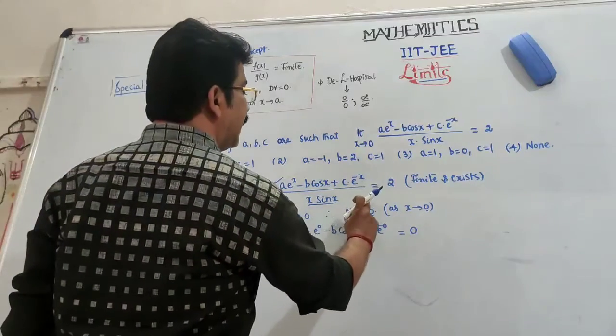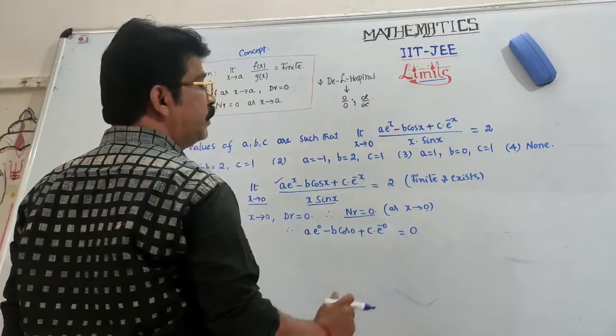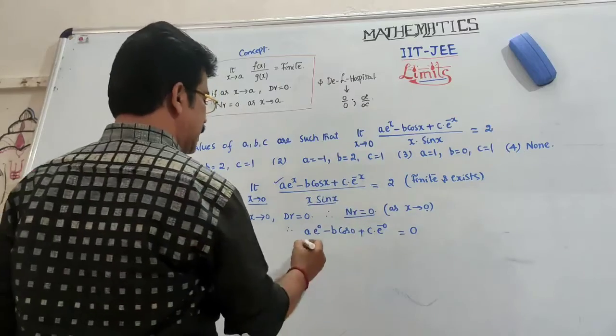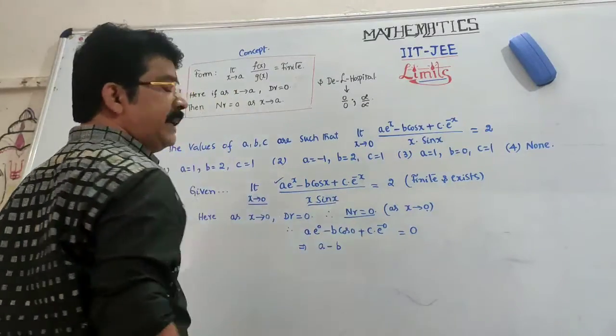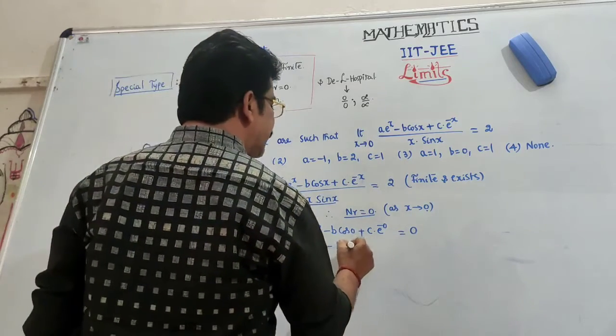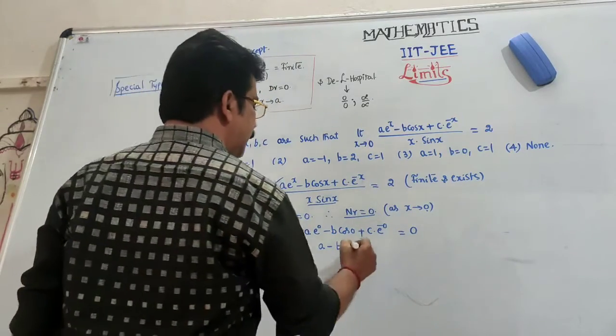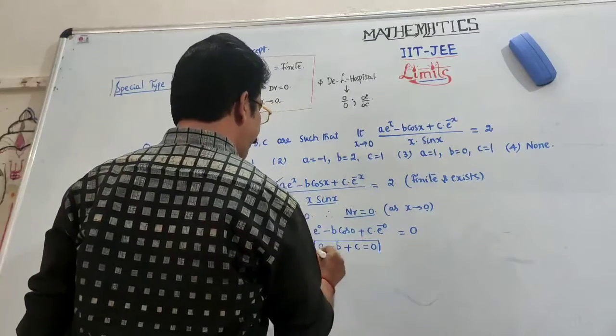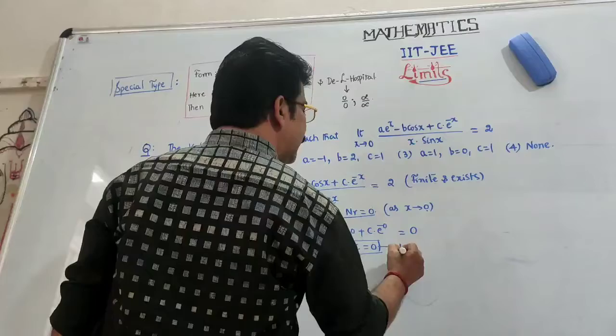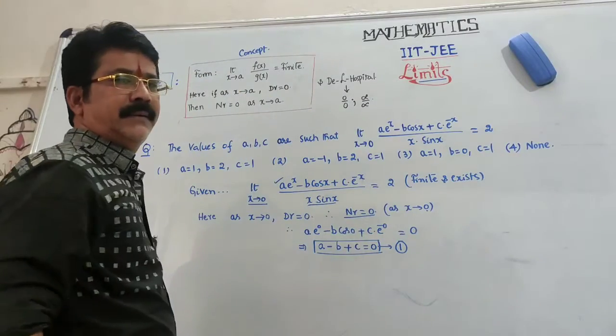What I am telling is that the numerator value is equal to 0 by putting x equal to 0. So e power 0 is 1, cos 0 is 1. So a minus b plus c is equal to 0. Let it be equation number 1.